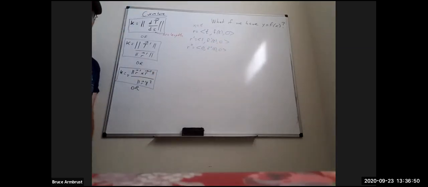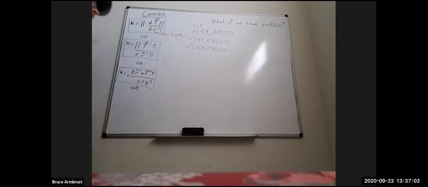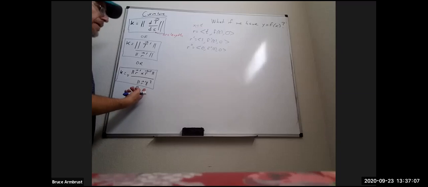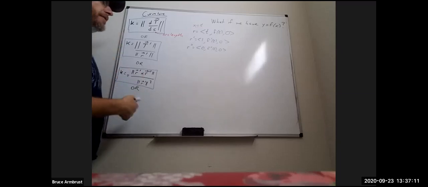So I'm just differentiating with respect to t, but there's my r prime and my r double prime. So now let's use our formula. Let's find r prime cross r double prime. Let's get its magnitude and then do the same thing on the bottom. Let's get the magnitude of r prime, and then that will give us this third formula.